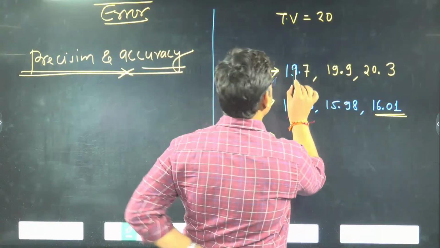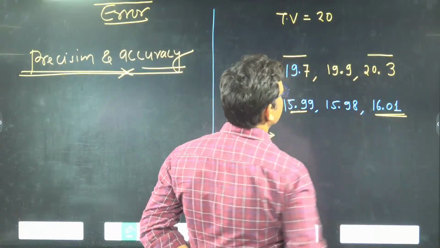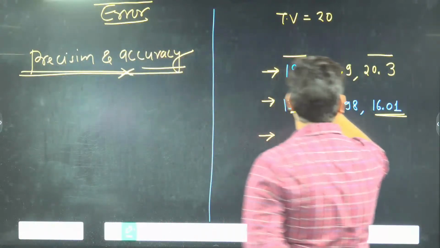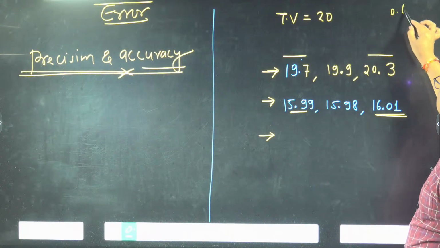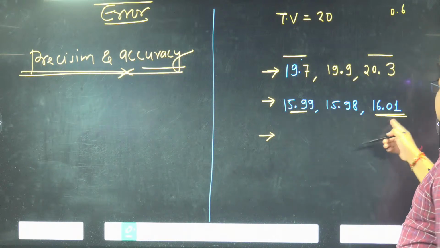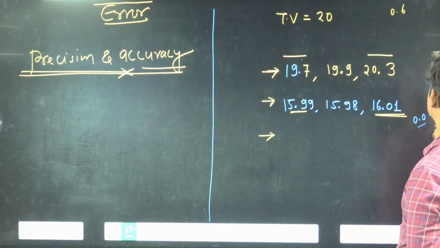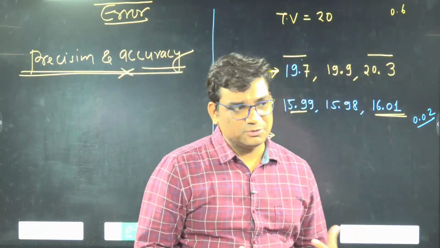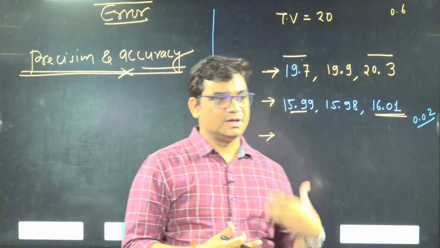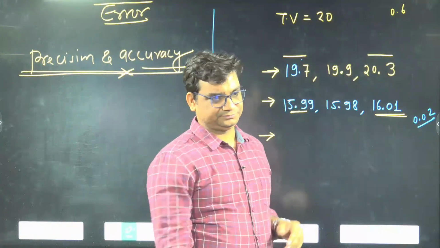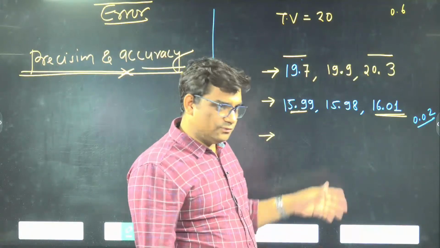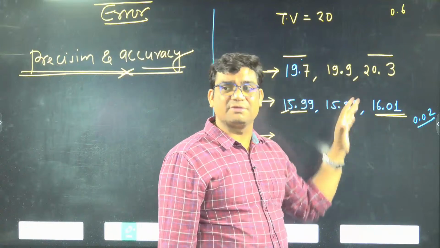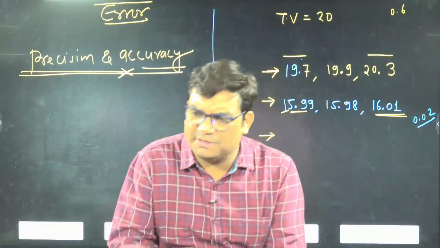But if I ask what the difference is in student 1's readings, between first and last reading, you can say 0.6. That is the difference between minimum and maximum. Here, the minimum and maximum difference is just 0.02. So who is taking readings more precisely, student A or B? We can say that even if B is not accurate, B is not getting the value accurately, maybe there is some problem with the instrument.